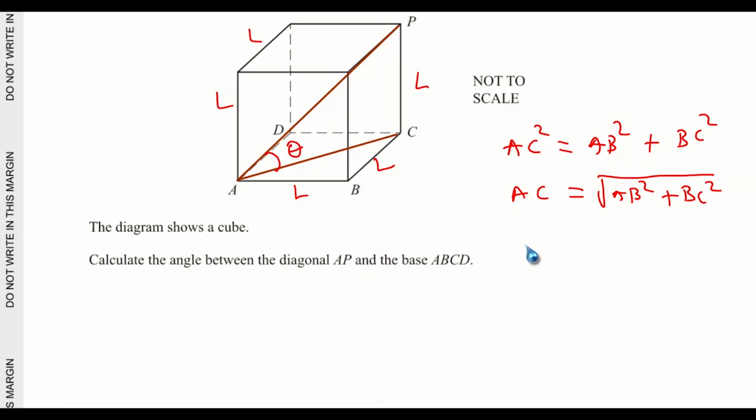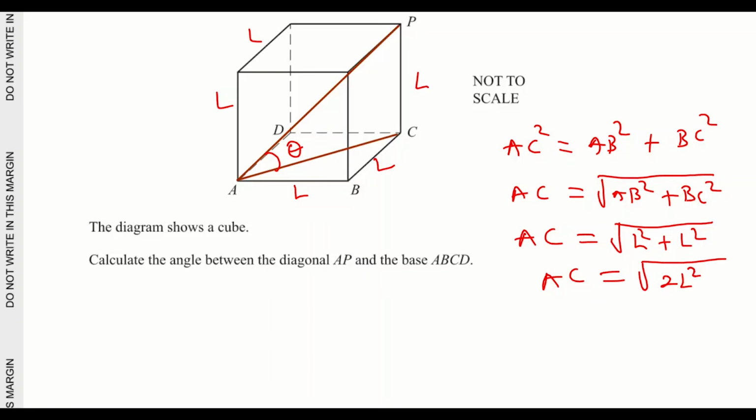Okay, so now let's key in the values. We have AC equals square root of L squared plus L squared. Then finally you can say AC equals square root of 2L squared. And if you want to simplify this further, AC is root 2 times L. Okay, so that is the value of AC.